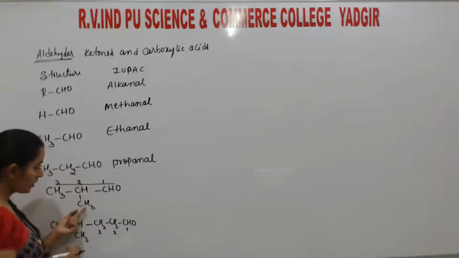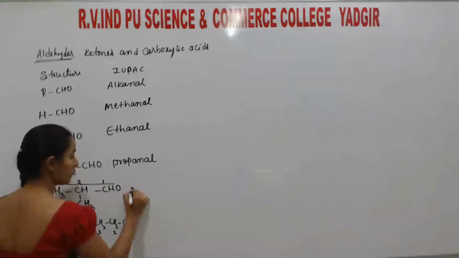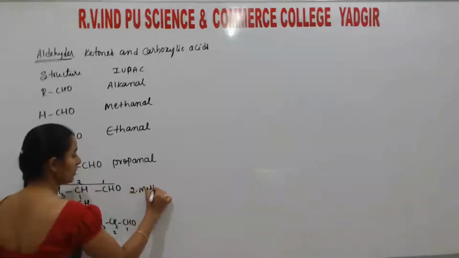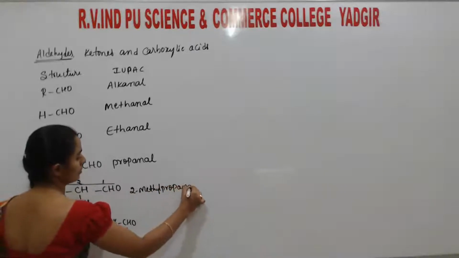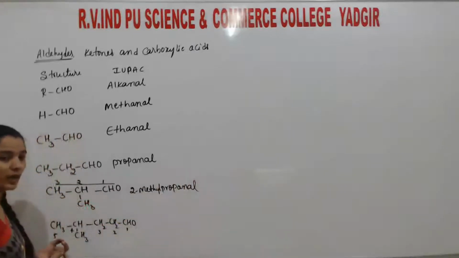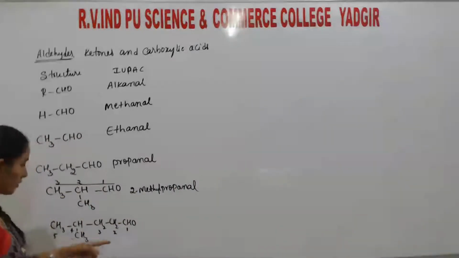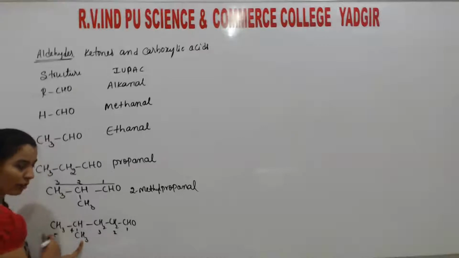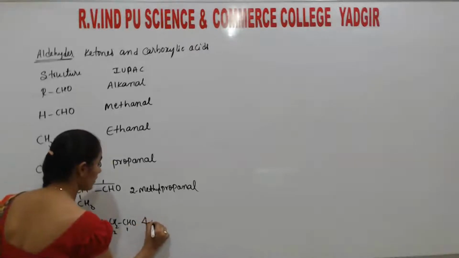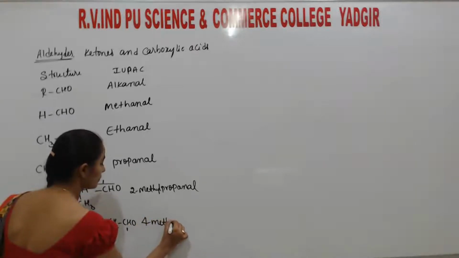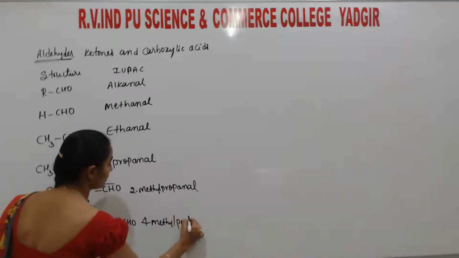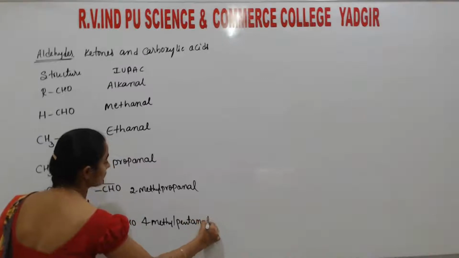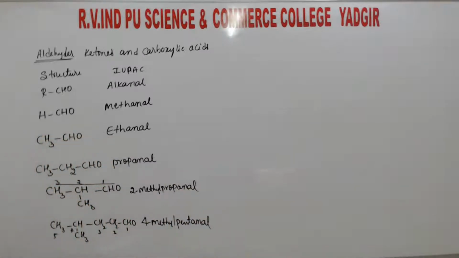At the second position, the CH3 group is there. That means 2-methyl propanal. 2-methyl propanal. So this one, of course, at the fourth position a CH3 group is there, and 5 carbon atoms are there. So 4-methyl pentanal. 4-methyl pentanal.